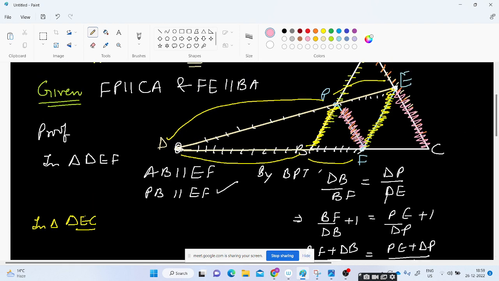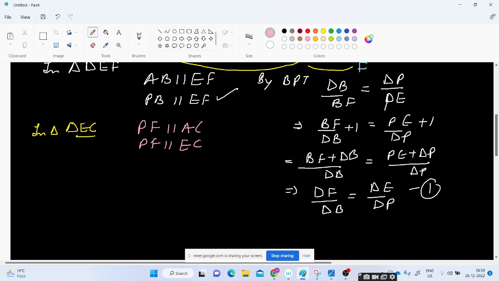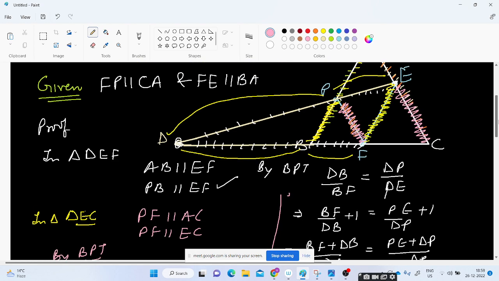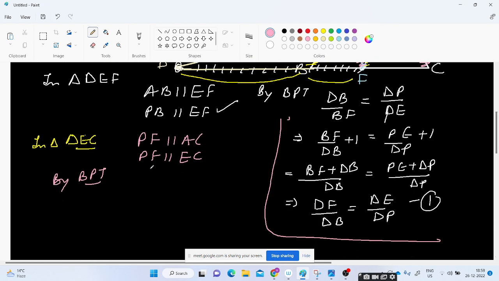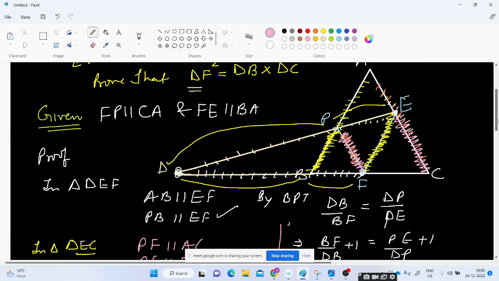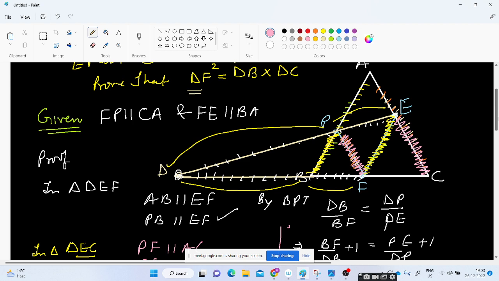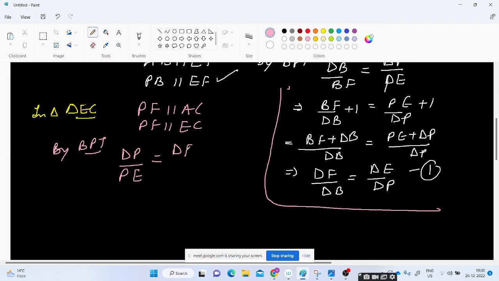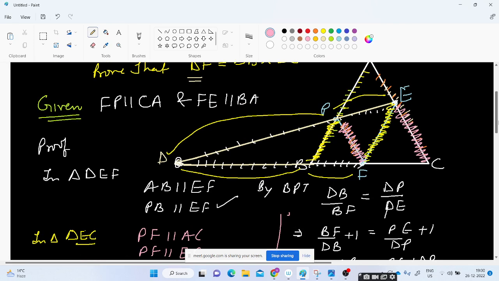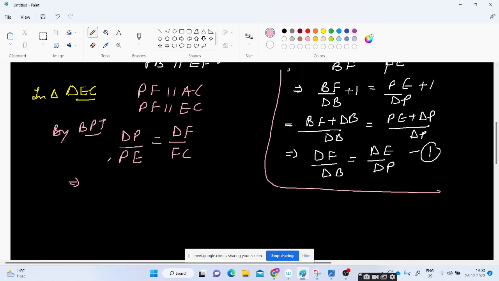Okay, write, beta, PF is parallel to EC, so by BPT what are you getting? Say, beta, DP upon PE is equal to DF upon FC.